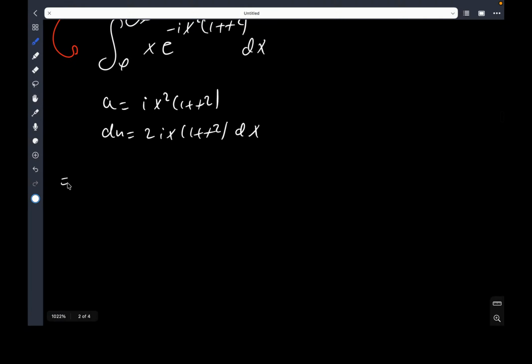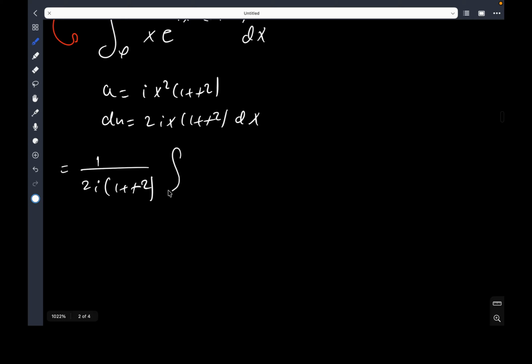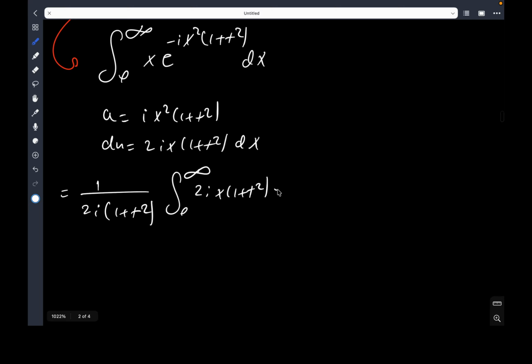I'm going to multiply it by 1 over 2i (1 plus t squared), and then 2i x (1 plus t squared) e to the negative ix squared (1 plus t squared) dx.